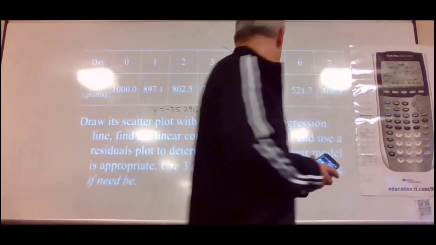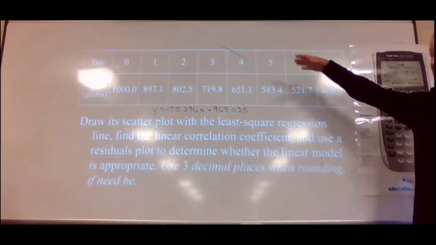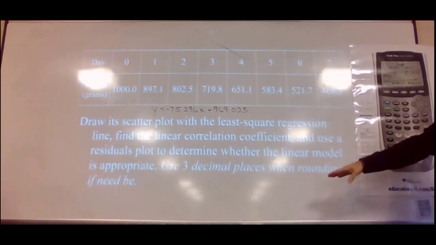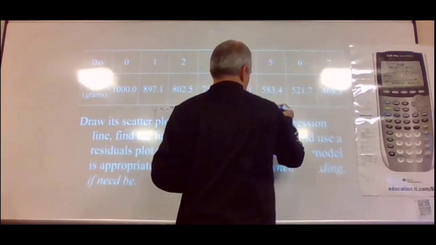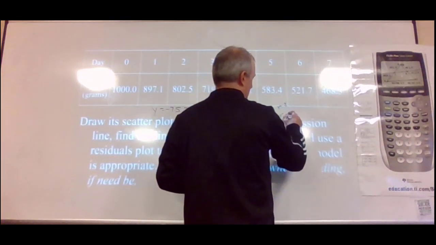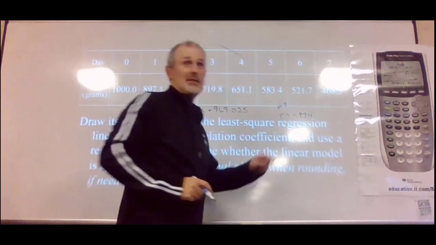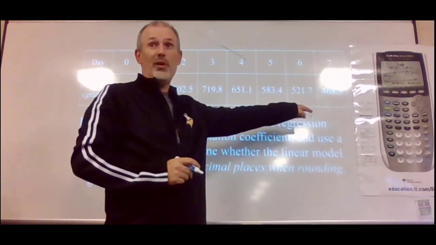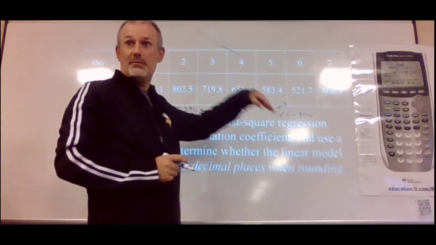Okay. So the next thing we want to do, it seems that a linear model is appropriate for this, right? And use 3 decimal places when rounding if need be. The correlation coefficient: like I said, we just found out that the R value was negative 0.994, which means since it's negative and 0.99, it's really close to a straight line in a negative correlation.